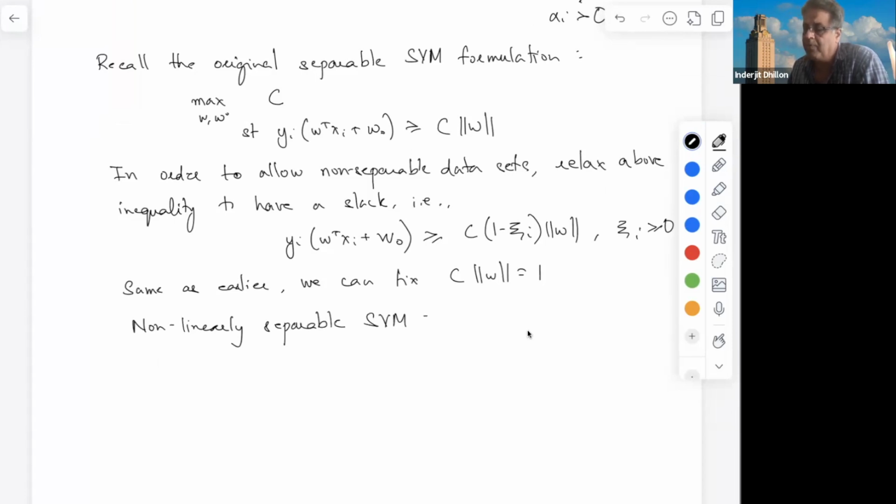SVM will have the form, which is you take the primal, W naught, psi, you take half norm W square.